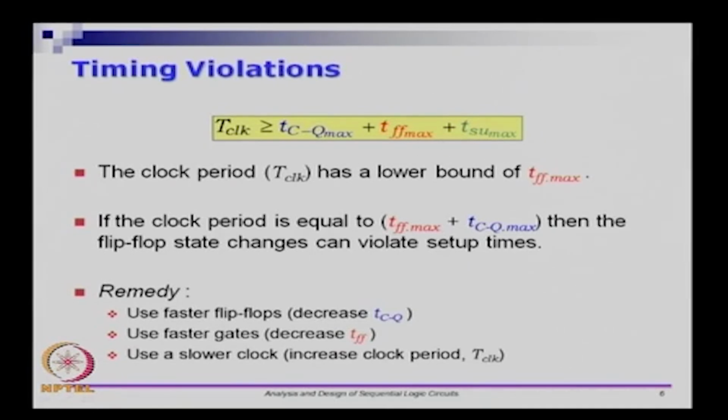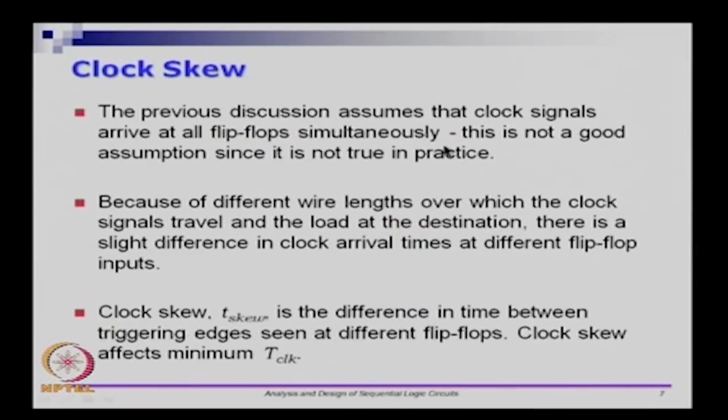So there is analysis: given a circuit, you can tell me the largest clock width that you need. Sometimes you are given synthesis: you are asked for a specific T clock, and you have to design the circuit in such a way that you never violate this condition. So if you violate the setup time, you have to go back and change either the flip flops you are using or come up with a better circuit so that the TFF max goes down.